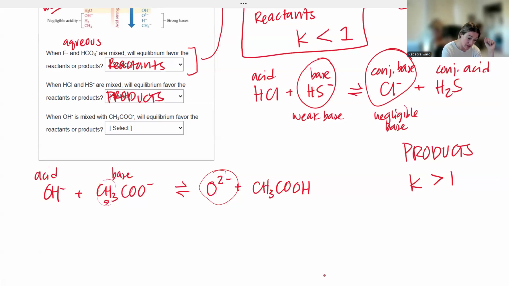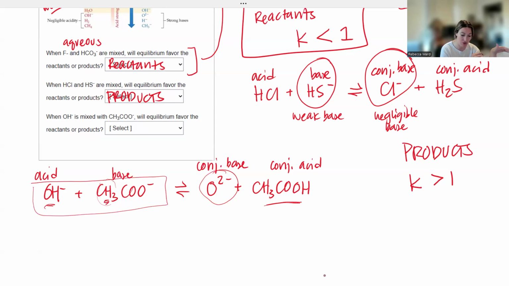Okay, so then this is our conjugate base, which is really strong. And this is our conjugate acid, which is a weak acid, but it is a much stronger acid than this OH minus. So in other words, if I put these two together, I am never going to expect this to move forward, right?